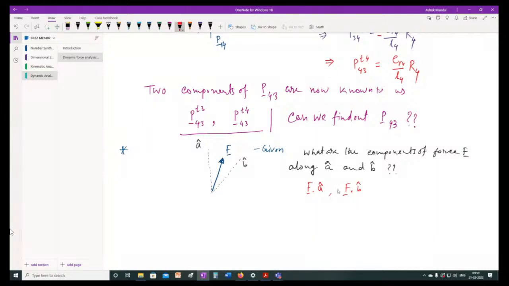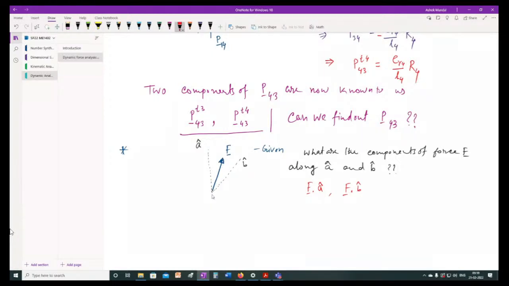But suppose we are doing it graphically, what do we do to get this force's component along A direction? How will it be found? Magnitude of F into cos theta, theta between F and A. It's very simple. Suppose there is a force which is drawn on a paper, and this length represents the magnitude of the force.